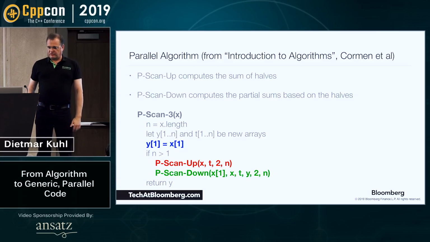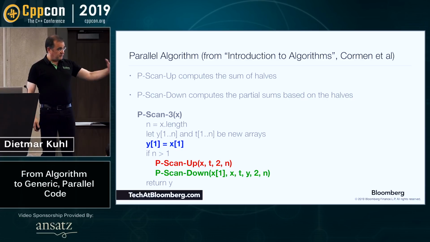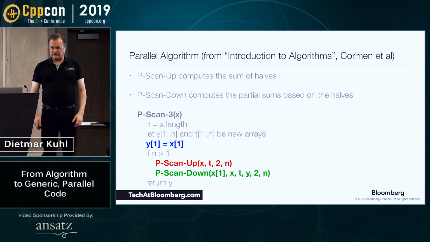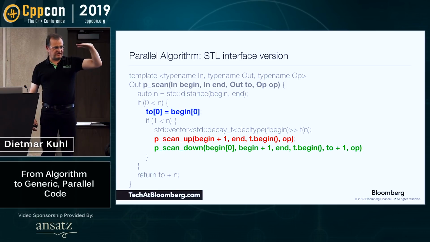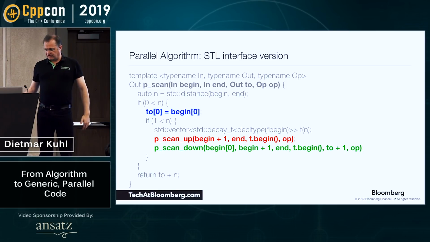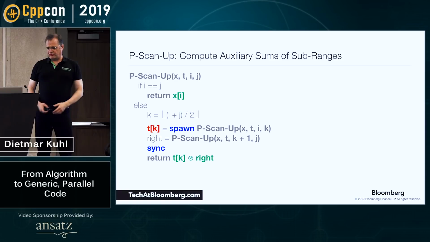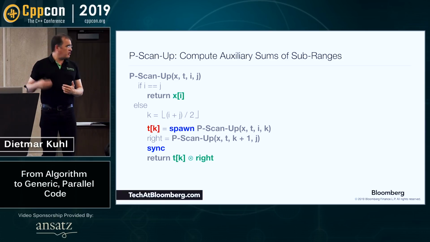And this is the initial algorithm, which orchestrates that. So implementing that algorithm, the first step is taking the algorithm and translating it to C++. Well, this is relatively straightforward. It's actually just the same steps, and it's not super interesting. It gets a little more interesting if you look at something like pscan up, because there's actually concurrency happening.